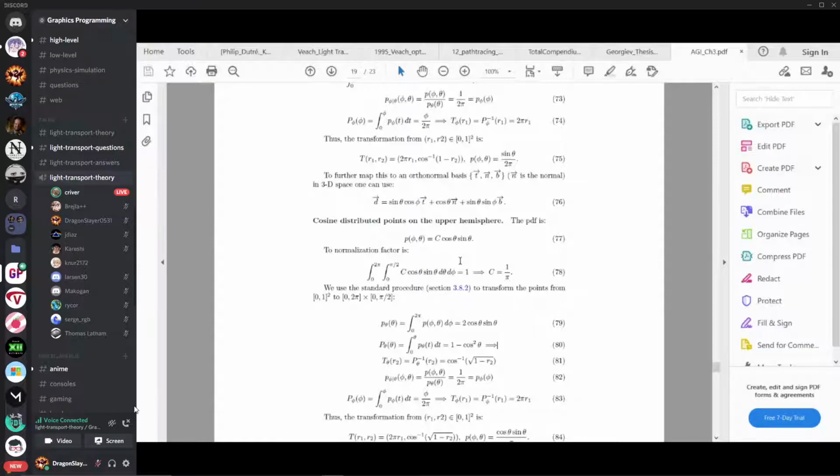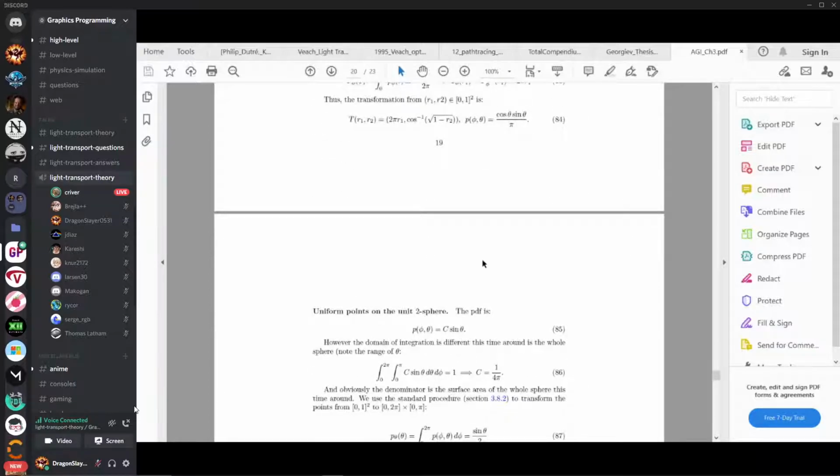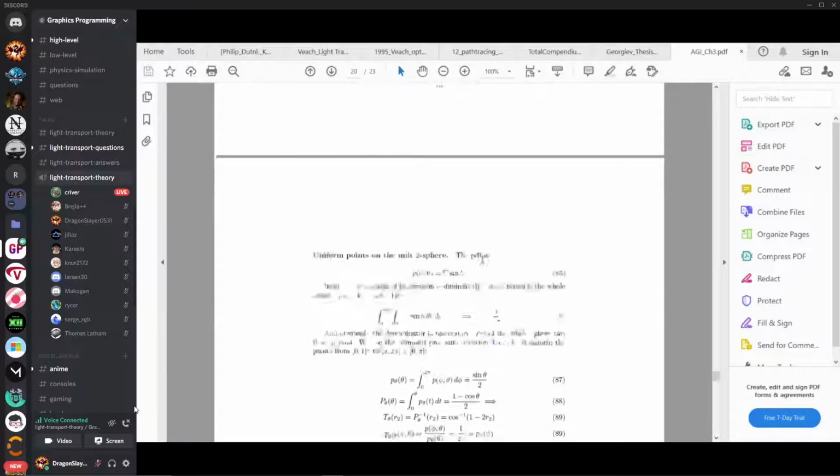So even for fewer samples, you can get something better. That's the point. But it does require knowing how to integrate some parts of the integral, or having an approximation of it that you can integrate, and picking points with such a distribution.